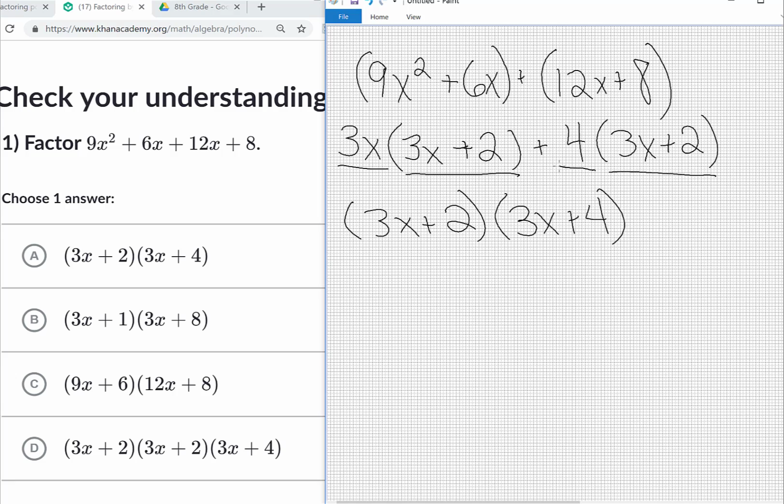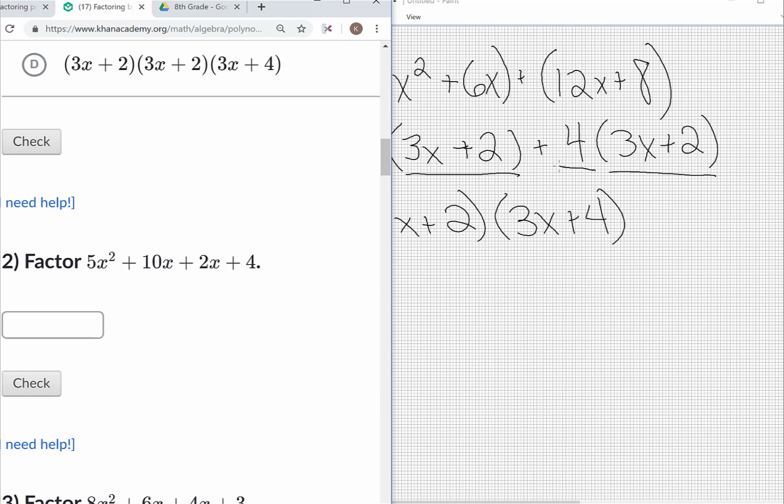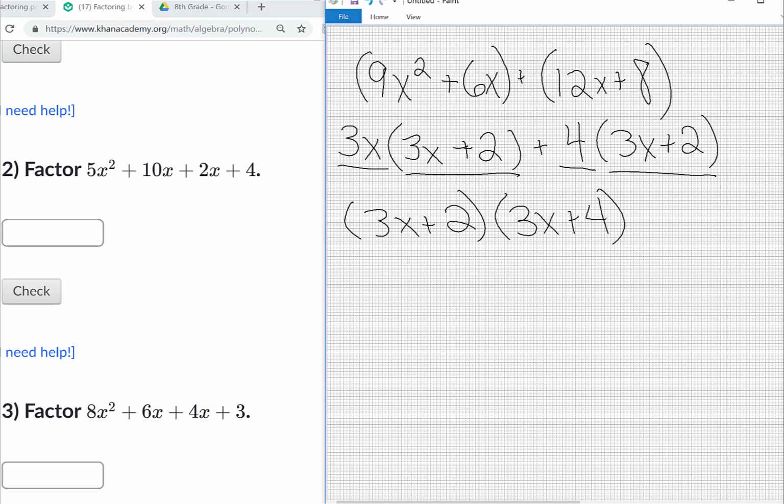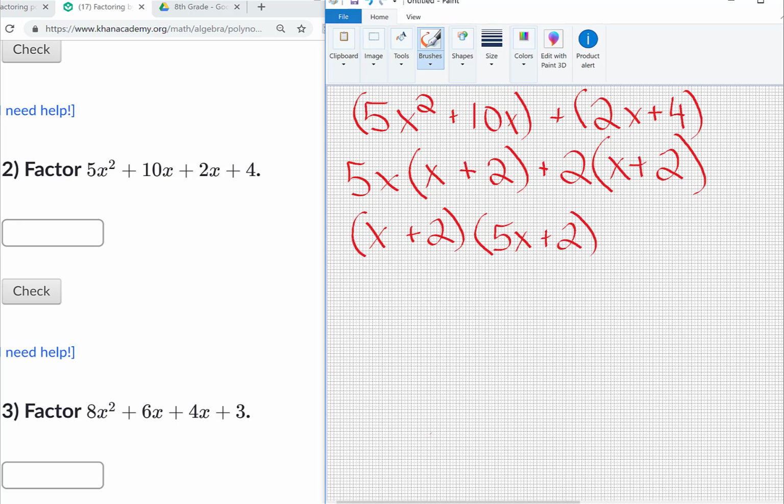So now I'm going to move down on this page. So this is number 2. On number 2, I want you to go ahead and try to do that on your own. Go ahead and pause the video and try to do that on your own. So hopefully you did pause the video.